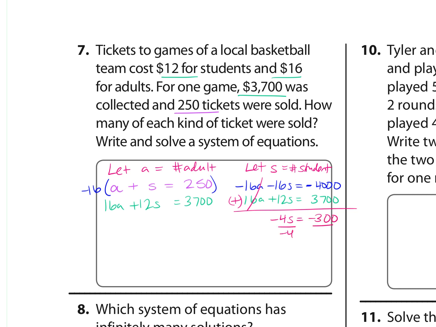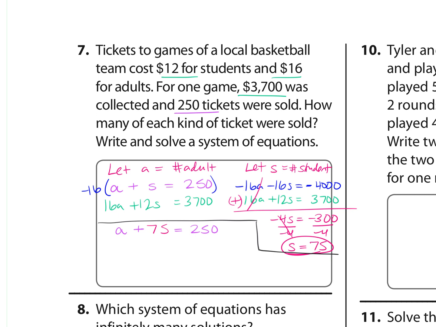Divide both sides by negative 4 to get S is equal to a positive 75, which means there were 75 student tickets sold. Now I've got to figure out how many adult tickets were sold. So I'm going to take this easy little equation, A, the number of adult tickets, plus S, 75, equal 250. That was just that top simple equation.